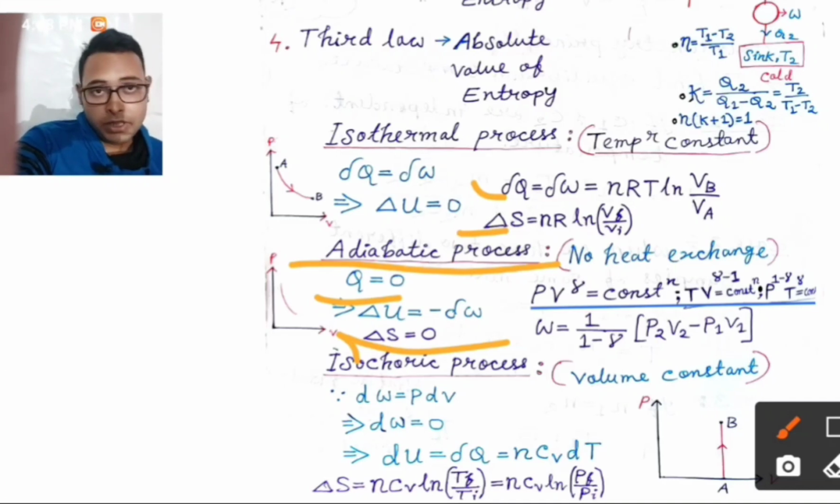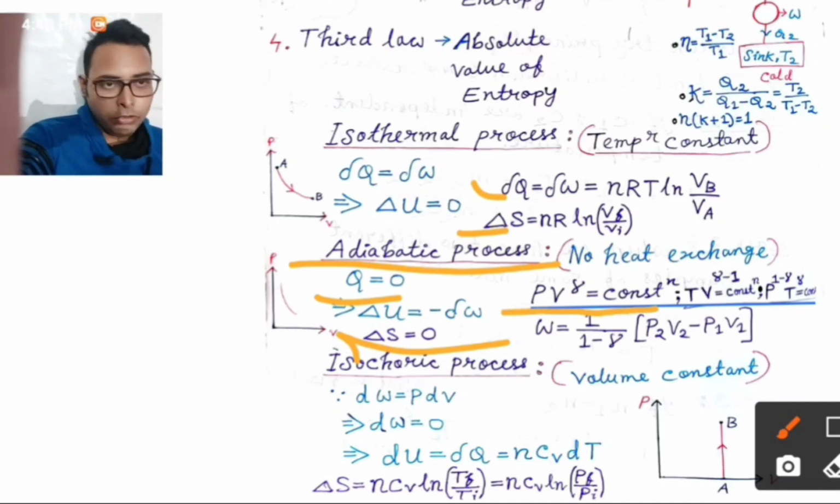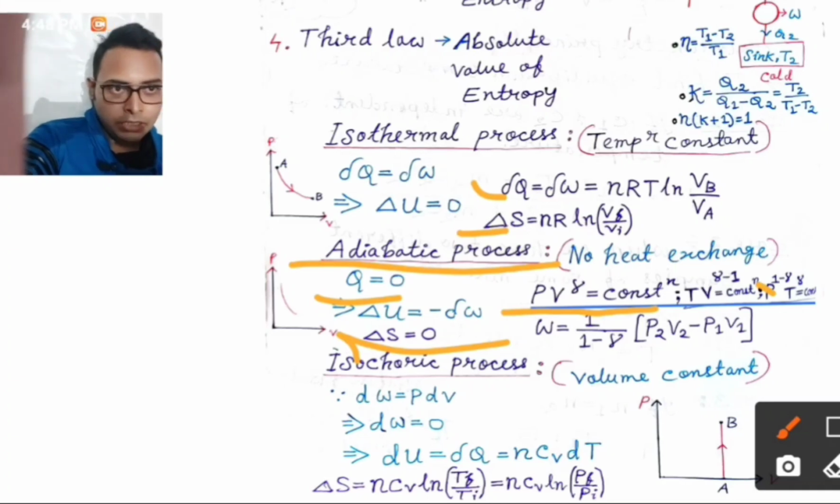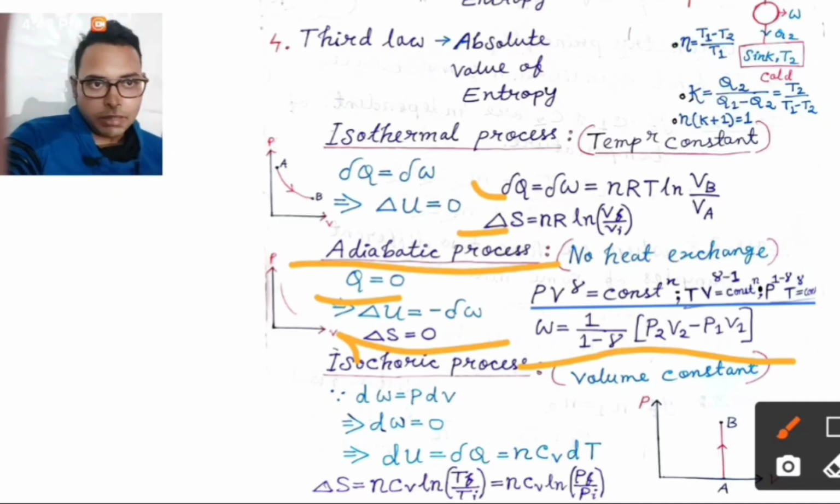In this case, PV to the power gamma is equal to constant, or we can also write TV to the power gamma minus 1 is equal to constant. We can also write P to the power 1 minus gamma into T to the power gamma is equal to constant. And work done in this case is W is equal to 1 by (1 minus gamma) into (P2 V2 minus P1 V1).